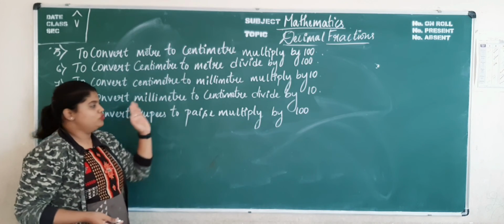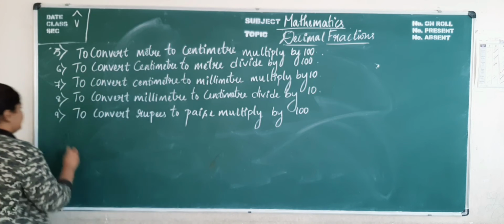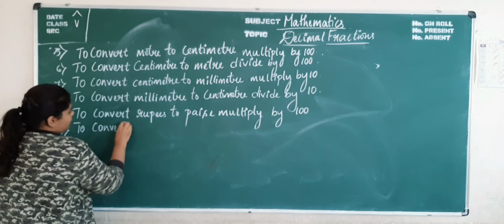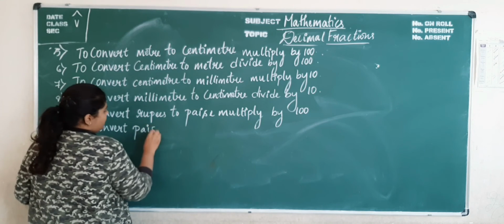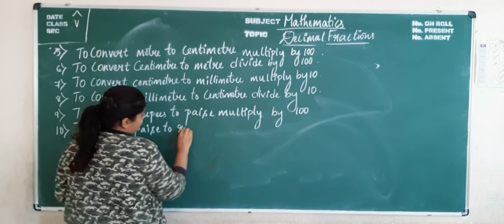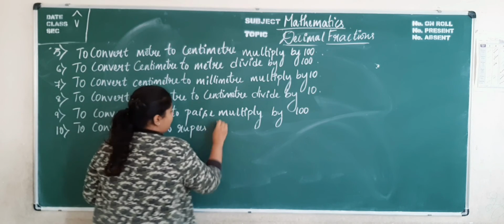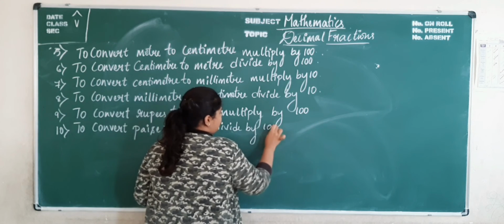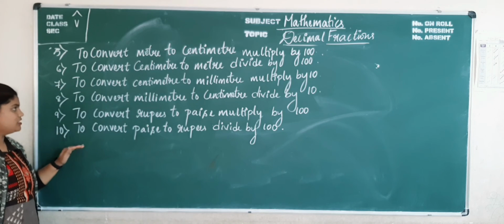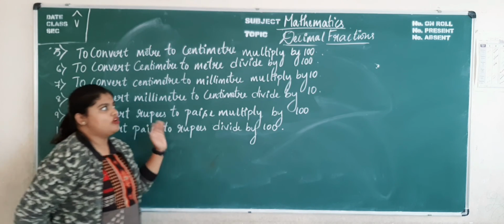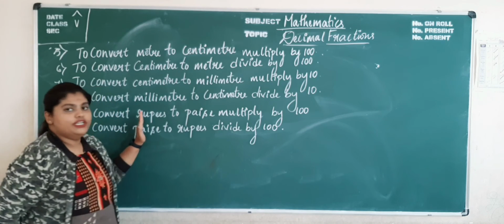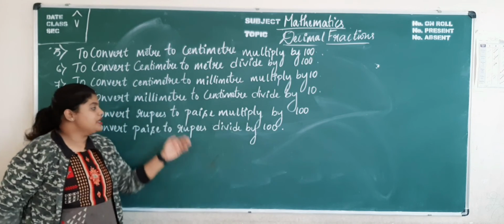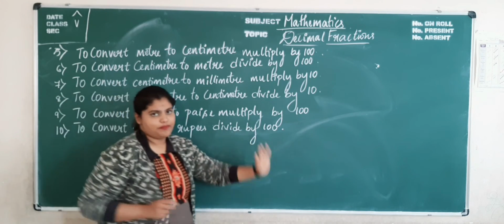To convert paise to rupees, we divide by 100. These are a few points which you have to remember in order to solve problems in this chapter.